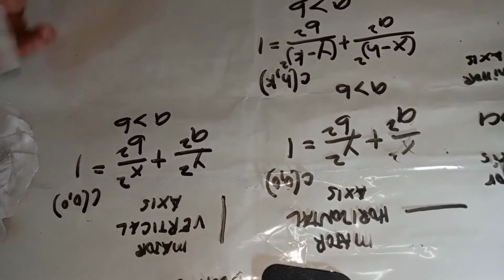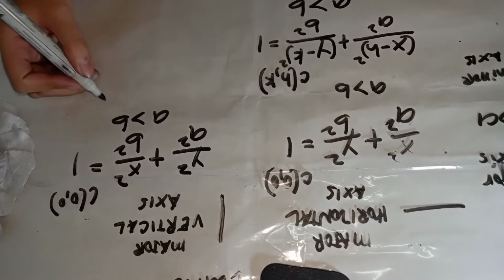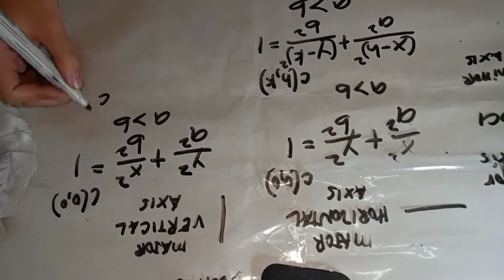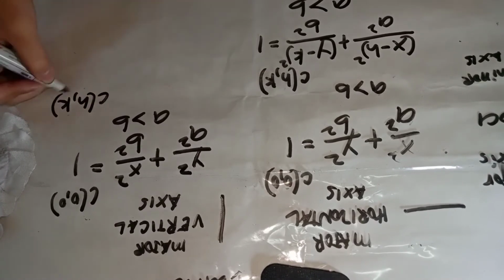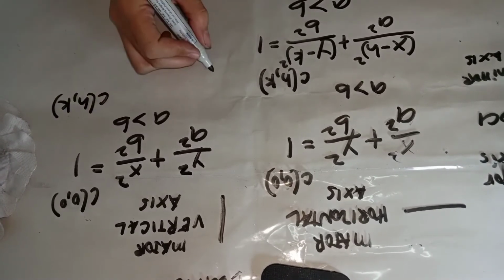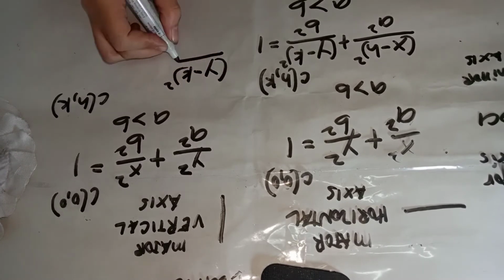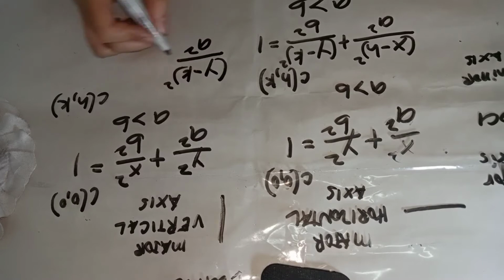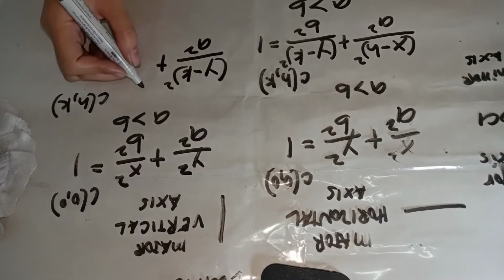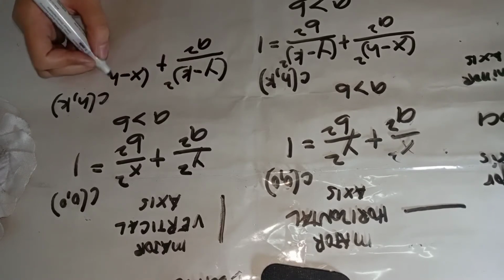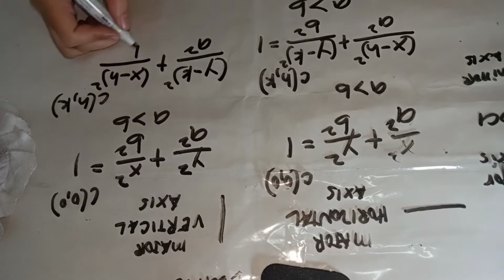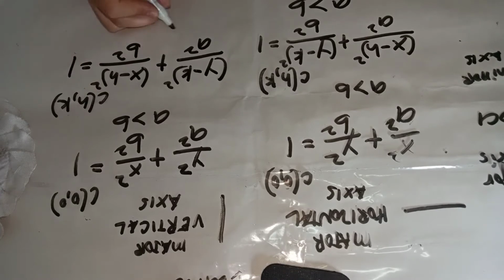Okay, how about if the center is located at h, comma k? So the formula is y minus k squared over a squared plus x minus h squared over b squared is equals to 1, where a is greater than b.